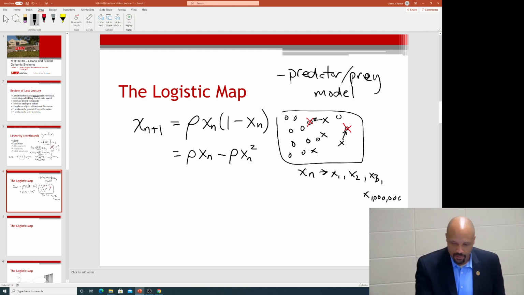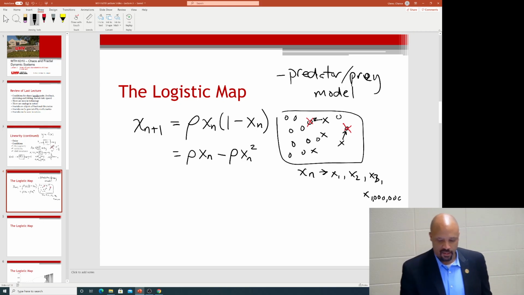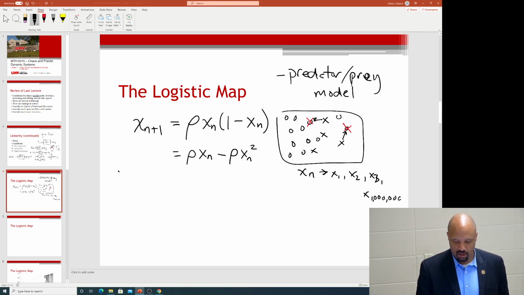Now, this gives you the next point. So let's just start off, for example, so here's X of n, here's X of n plus 1.